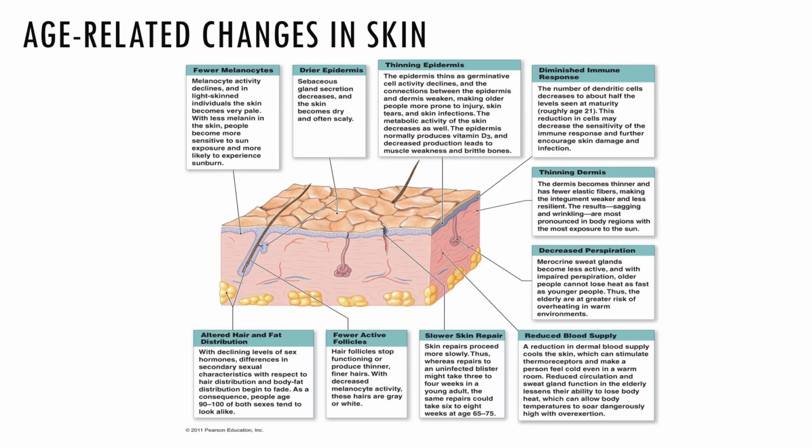As a consequence, people that are older, generally in their 90s, of both sexes can tend to look more alike. And hair follicles stop functioning or produce thinner, finer hairs. With decreased melanocyte activity, that's where our hair appears gray or white. This concludes our overview of the integumentary system.